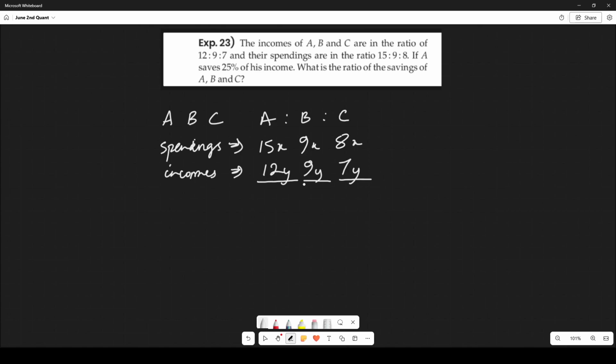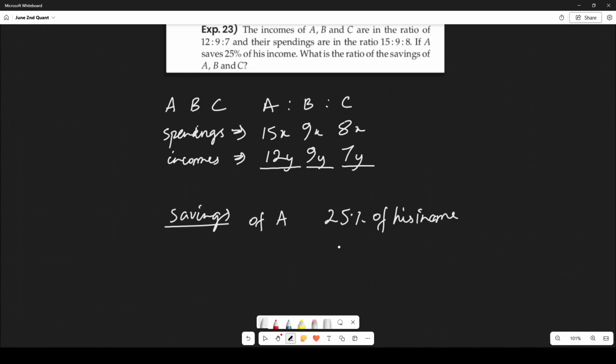Anyways, continuing on with the problem, we have another hint where the savings of A is 25% of his income.